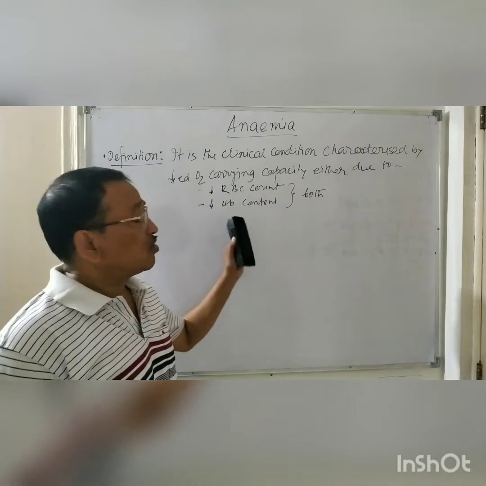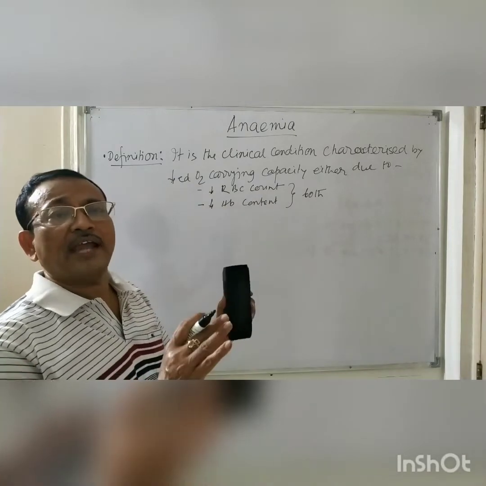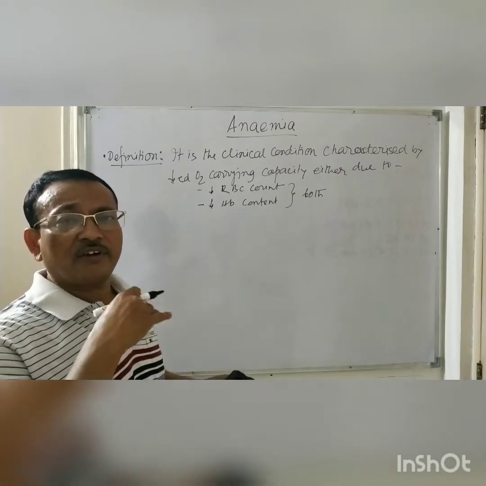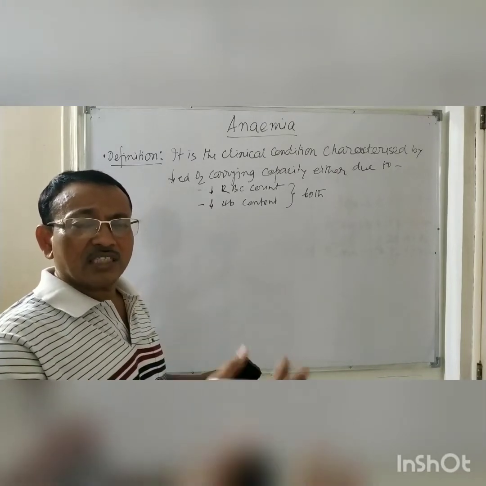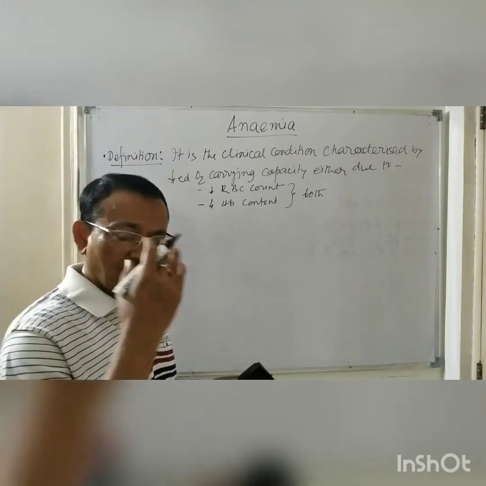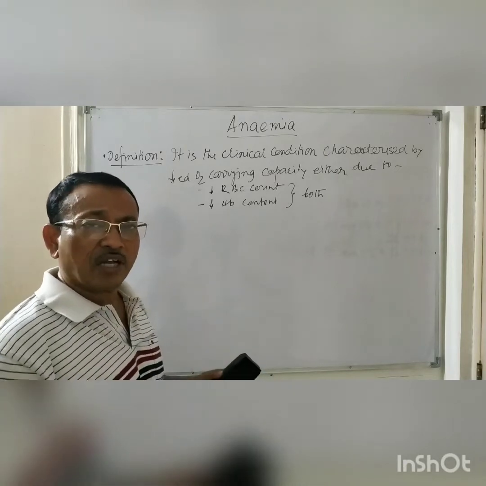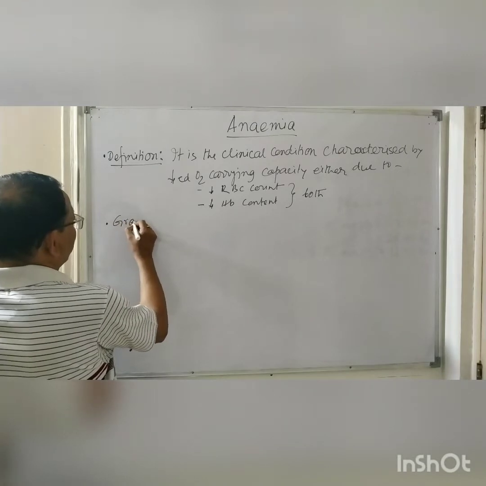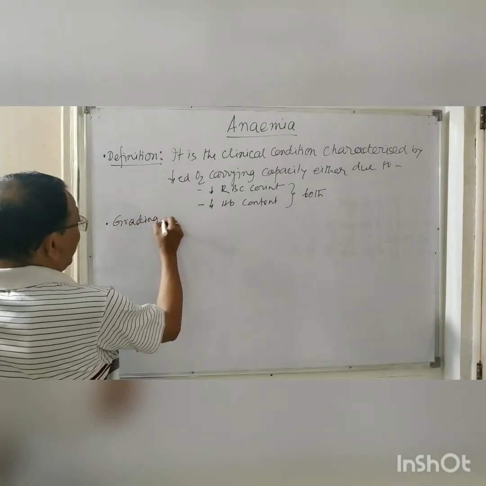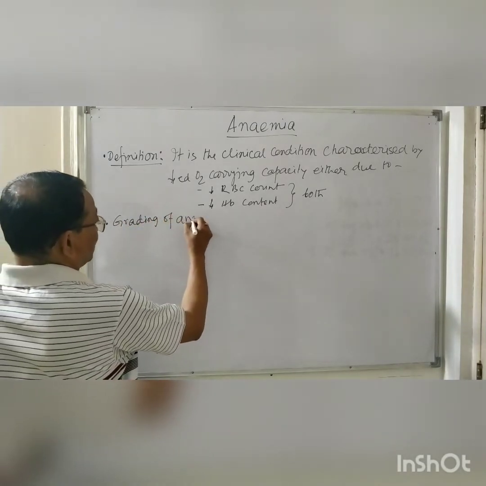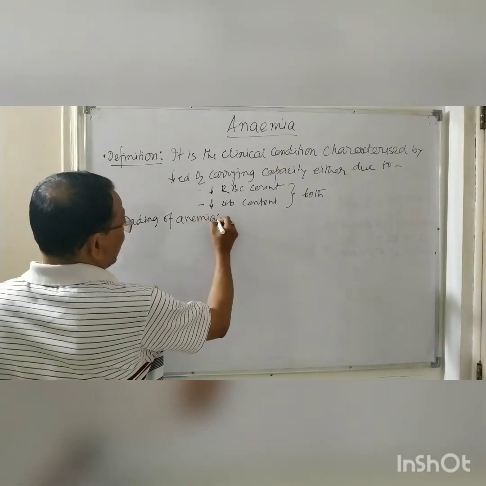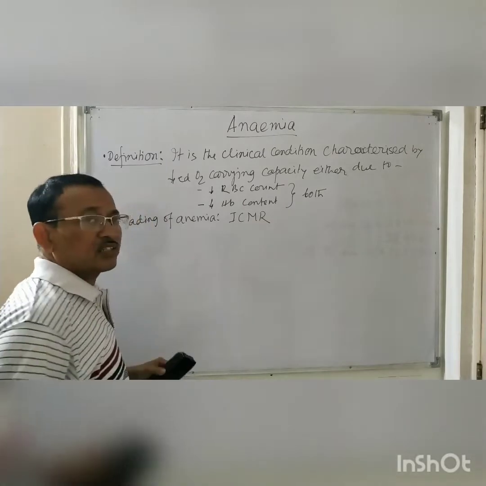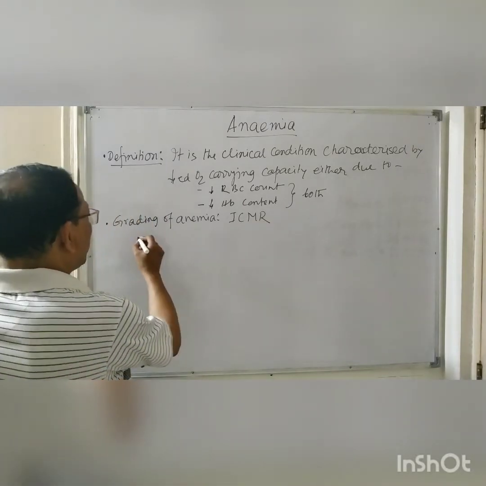Now the question comes, how can the anemia be graded, how can it be considered that someone is suffering from mild anemia, someone is suffering from very severe anemia. That is known as the grading of the anemia. And as per the ICMR guidelines, what is the grading of the anemia?